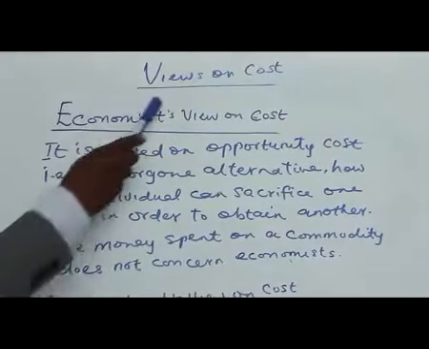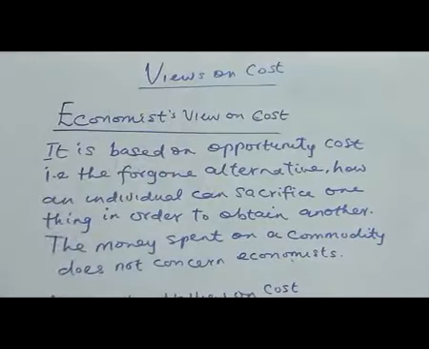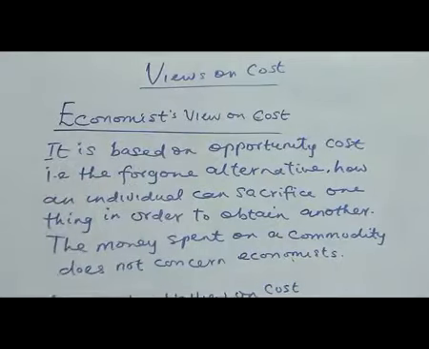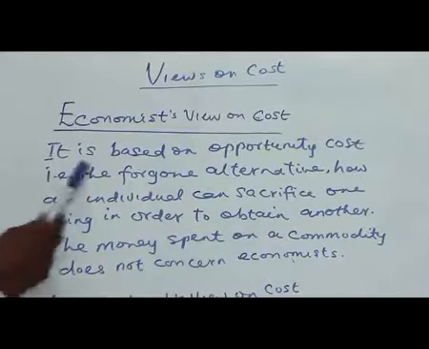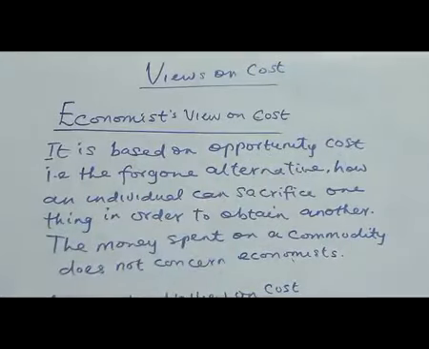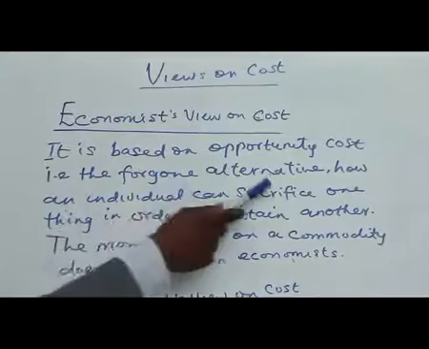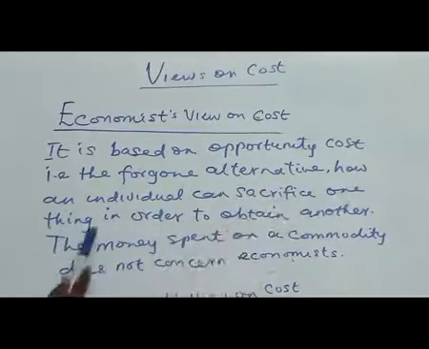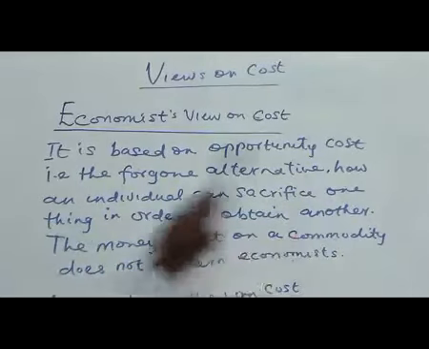We want to look at views on cost. The first one, the economists' view on cost. That is, what is their own view, the economists? Their view on cost is based on opportunity cost. So according to economists, they believe in what we call opportunity cost, that is the foregone alternative: how an individual can sacrifice one thing in order to obtain another.